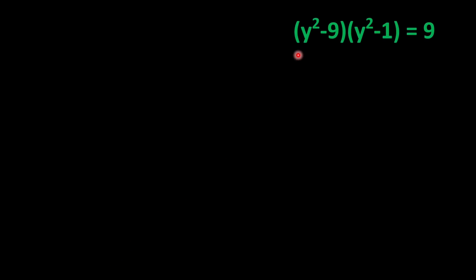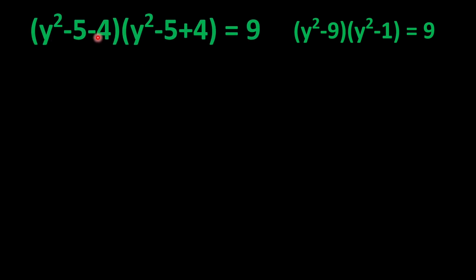Again, we cannot solve this for the value of y directly, because if we multiply this y² with this y², again we will get y to the power 4. Therefore, we can write this equation (y²-9)(y²-1) as (y²-5-4)(y²-5+4) = 9. Here -5+4 is equal to -1, and similarly -5-4 is equal to -9.